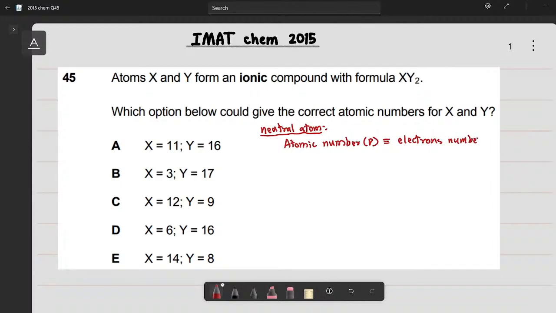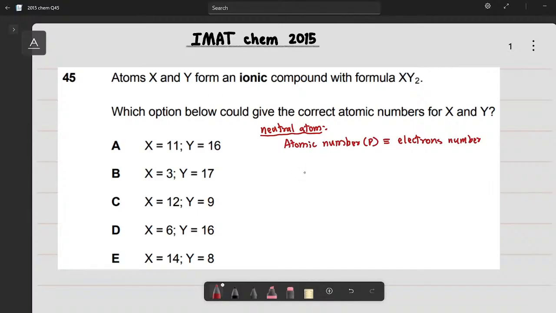So for example, if the atomic number of an atom is 2 or 3, the number of electrons will also be 2 or 3, given that the atom is in its neutral state: it hasn't lost or gained any electrons, so it's not an ion, it must be a neutral atom. So this is the first thing we should know.